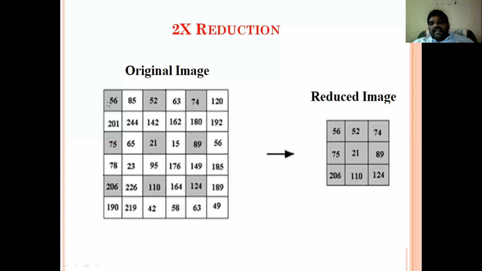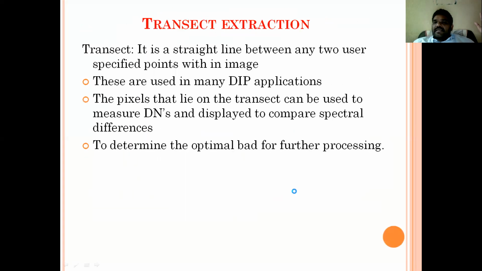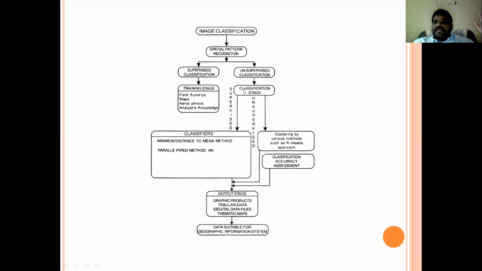For example, digital number 56 represents water. How can he say that? He knows there is a lake in that corner because he knows the exact location personally, through field survey, maps, and aerial photographs. Field survey, training stage, maps, aerial photos, analyst knowledge.